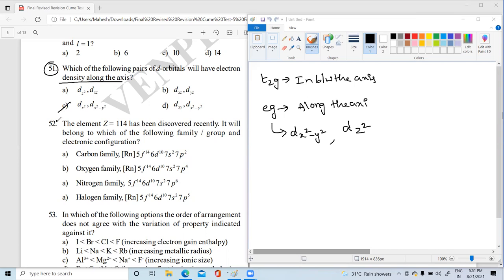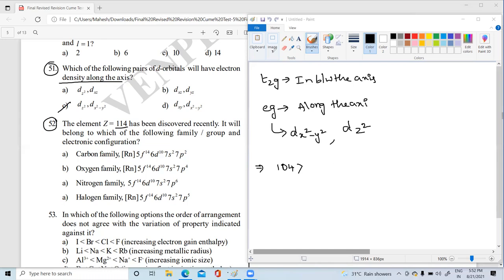Then question number 52. If the element with Z equal to 114, discovered recently, belongs to which family and group, they are asking here. Since they have given 114, only this rule is applicable. The rule I'm giving is that the atomic number should be greater than 104.